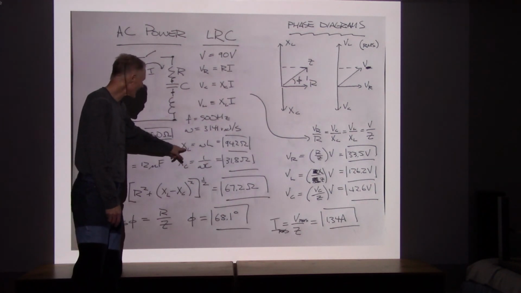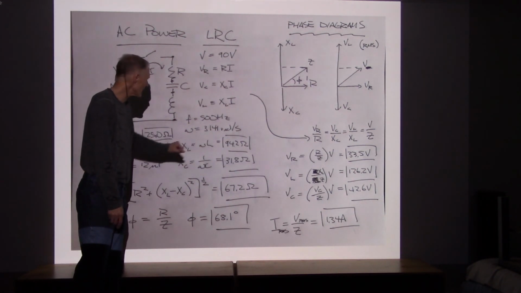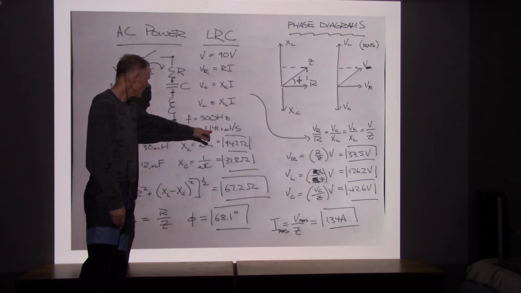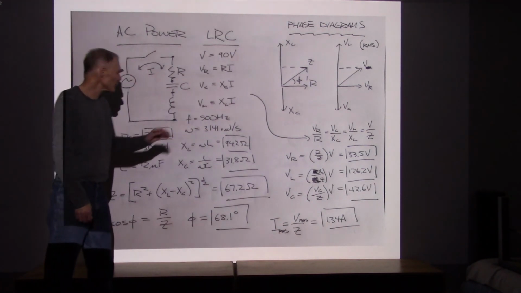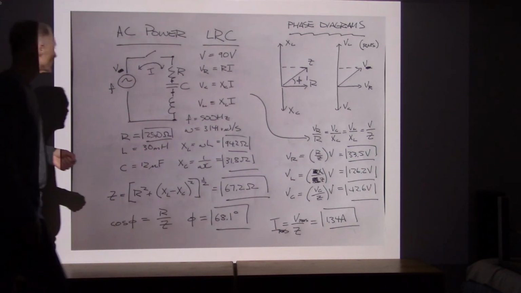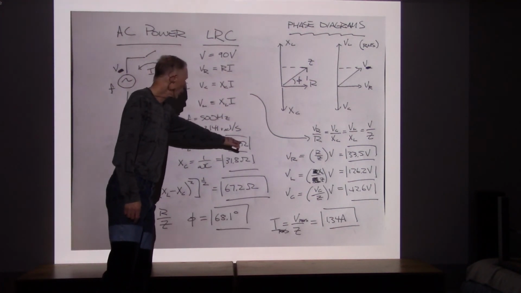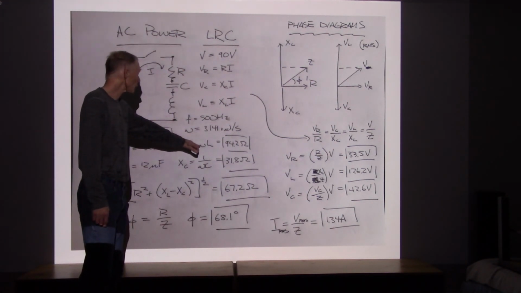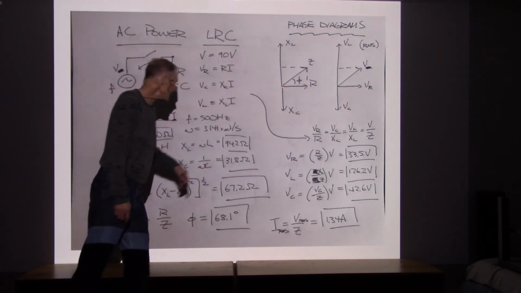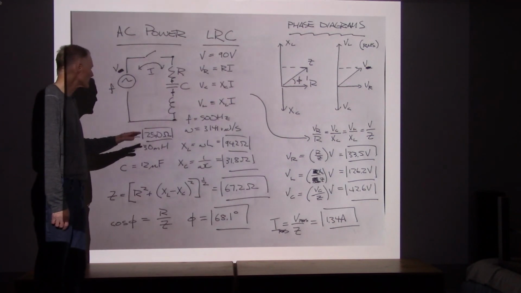But to get the reactances, I have to take omega times L. At 500 hertz, the omega, the radian frequency, is 3,141. That gave me 94 ohms of reactance in the inductor and 31.8 ohms of reactance in the capacitor.